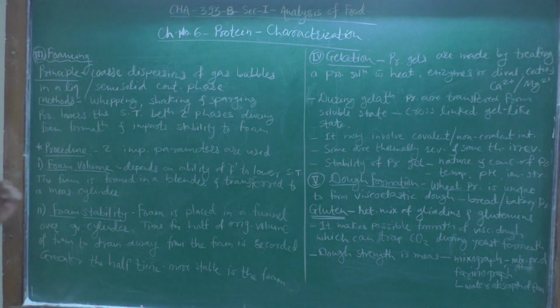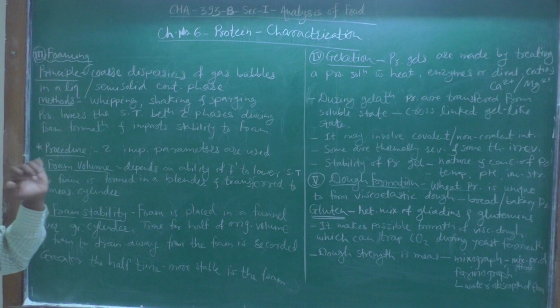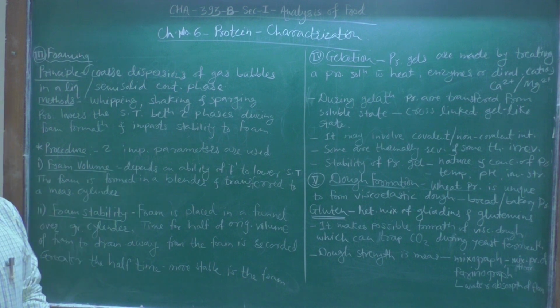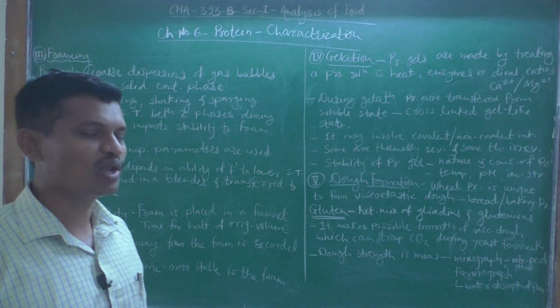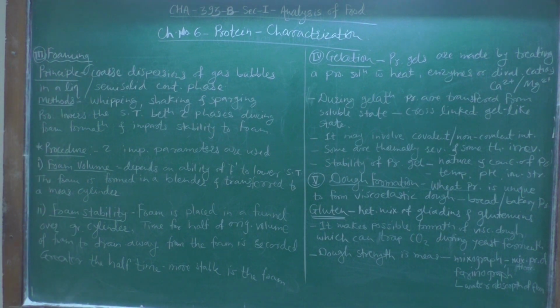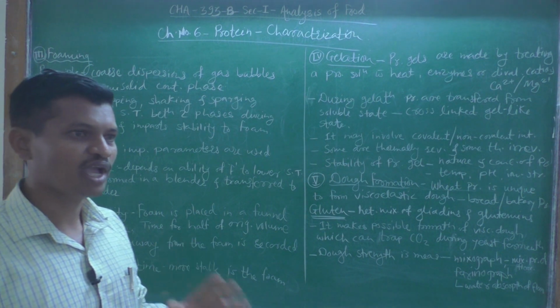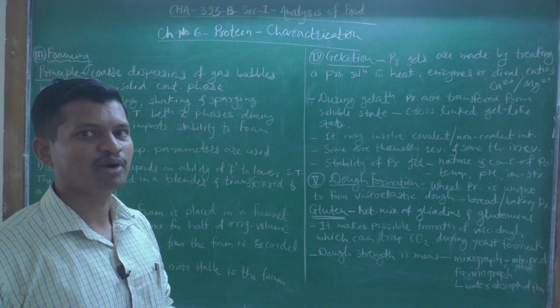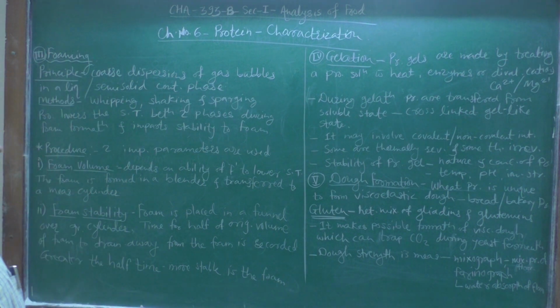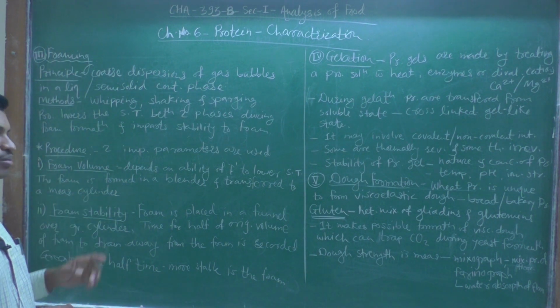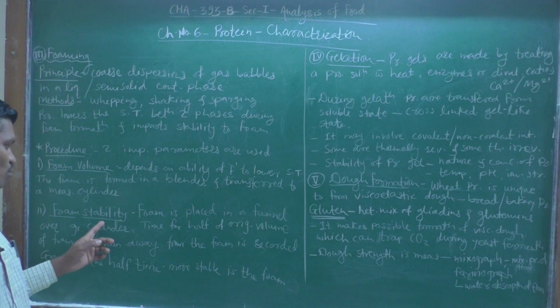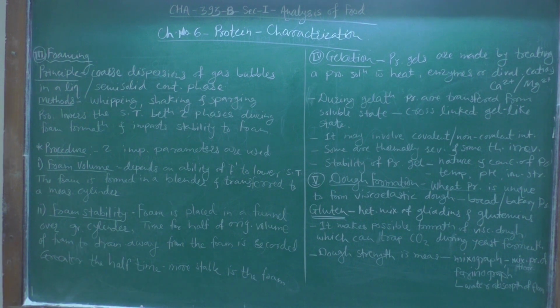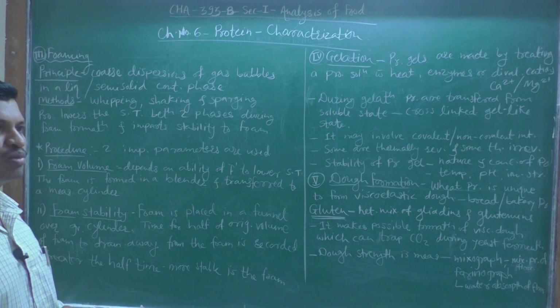Then the procedure. Two important parameters are used to evaluate the foaming ability of a protein. The foaming ability of protein can be evaluated by two important parameters, and these are foam volume and foam stability. Now what is this foam volume?